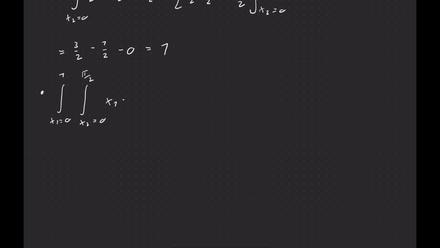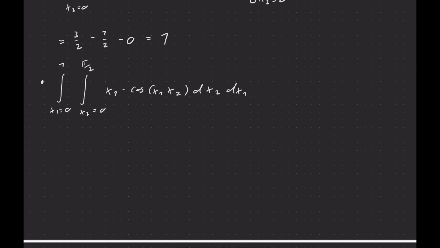And the function term is x1 times cosine of x1 x2, dx2, dx1. Okay, I've chosen x2 for the inner integral more or less arbitrarily. We'll try the other direction in just a minute, but let's first see how far we can get with this order here.